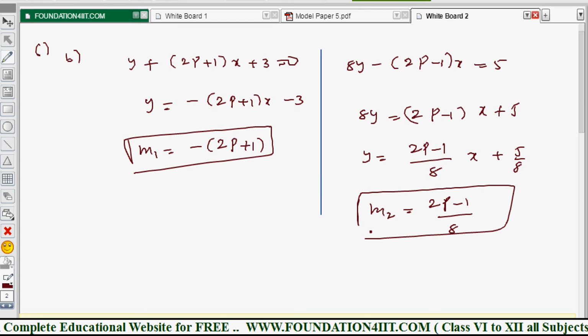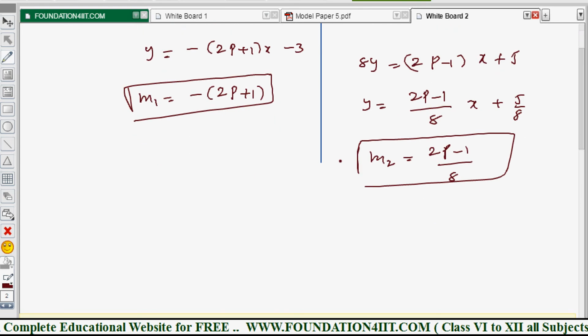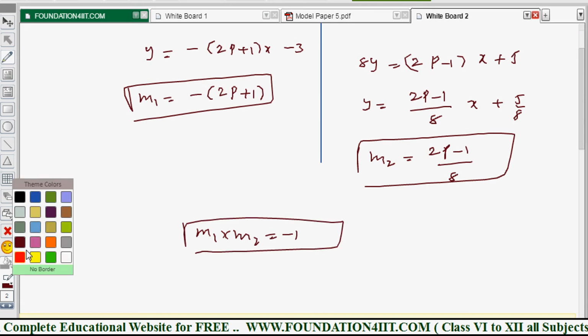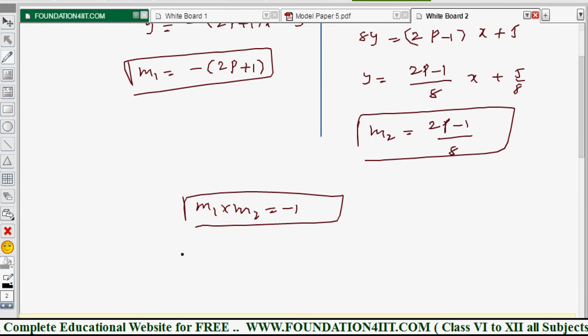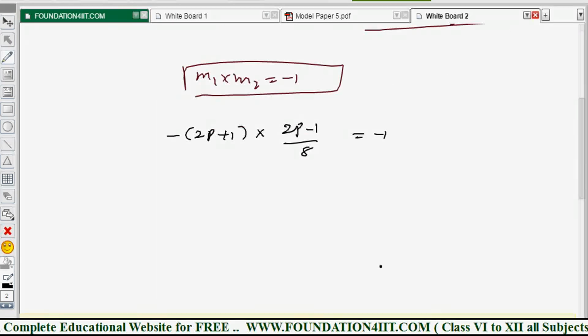Because the two lines are perpendicular to each other, as per the question m1 into m2 is equal to minus 1, because whenever two lines are perpendicular, the product of their slopes is minus 1. Then minus (2p plus 1) into (2p minus 1) by 8 is equal to minus 1. Let us solve this equation.